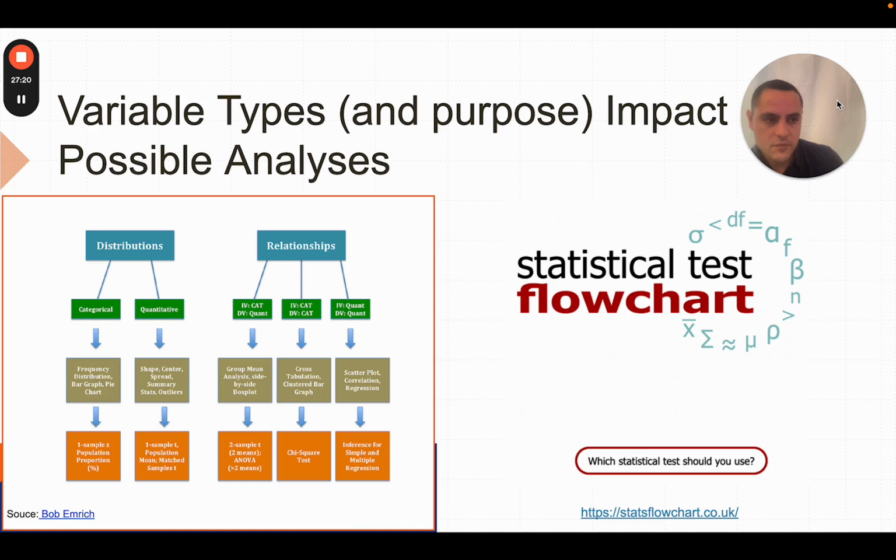And to test that empirically, we need statistics. So you can see here, on the left, there's a summary. This is put together by one of my colleagues, Bob Emmerich. And this is kind of like a tree, right?